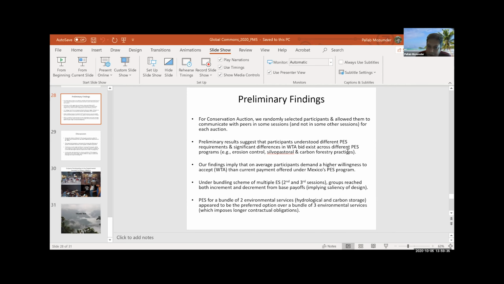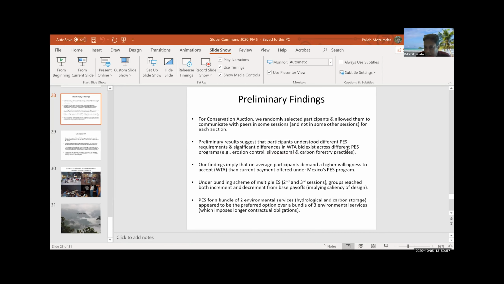Another thing is the bundling mechanism, different payments for different services we want people to provide. We have to give them additional incentives, but a lot of times if you're making too many programs, it's very difficult to keep track of things. So bundling might be a more feasible contractual mechanism to incentivize them and provide these services.